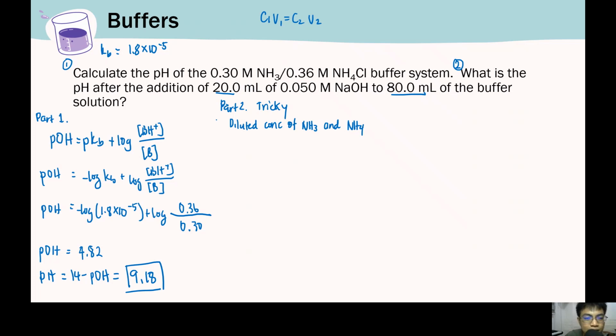Okay, so let's do that. For the concentration of ammonia, so to get the final concentration C2, that will be C1 V1 over V2.